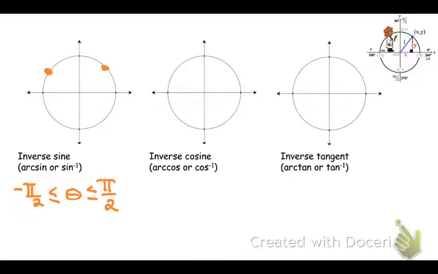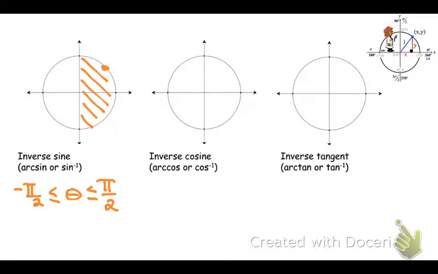So we're not going to count the point on the left-hand side in quadrant 2. So all our answers for arc sine or inverse sine are going to fall in quadrant 1 and 4.